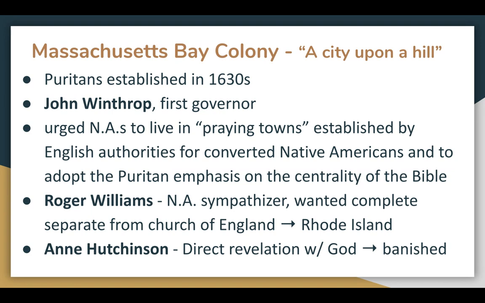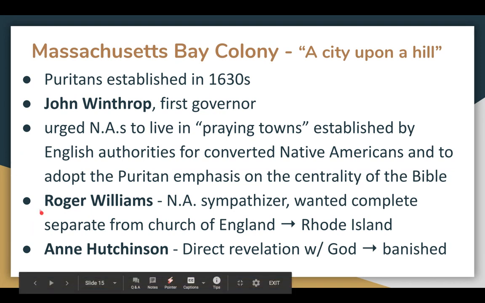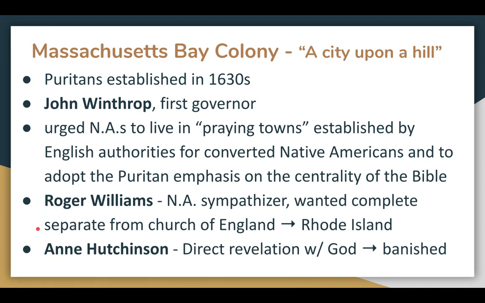But as they were doing this and taking land from Native Americans and trying to force them into their religion, there's this guy right here. He's freaking awesome. His name is Roger Williams. He was sympathetic to Native Americans. He wanted to treat them differently than most of the people around him.